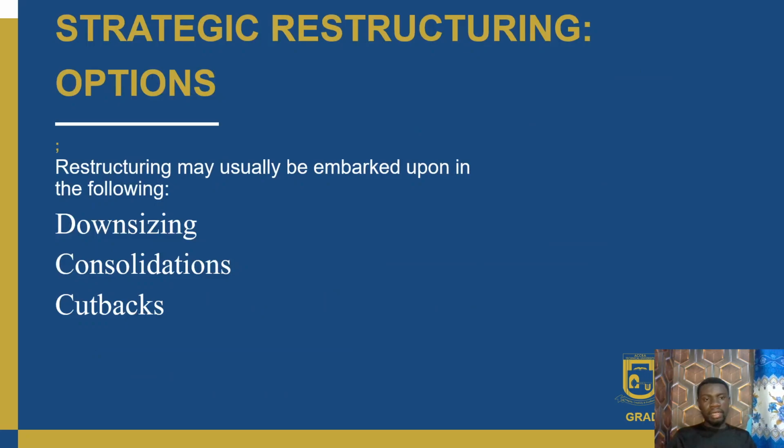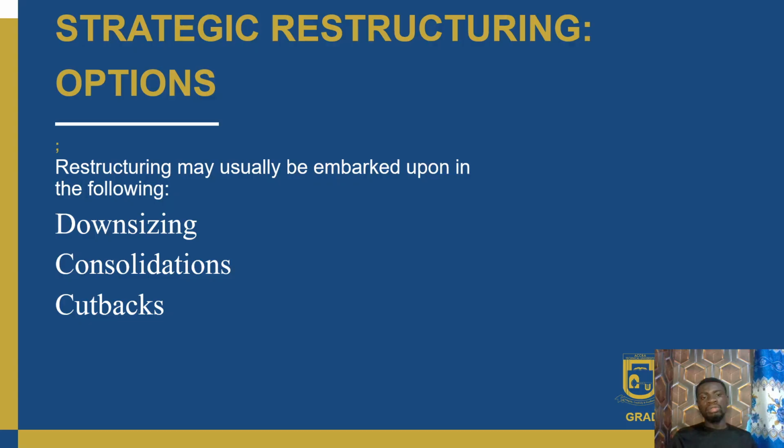Then we have the options of strategic restructuring. We have downsizing, consolidation, and then cutbacks. For downsizing and cutbacks, it is quite confusing because I asked ChatGPT and it gives almost the same definition for both.